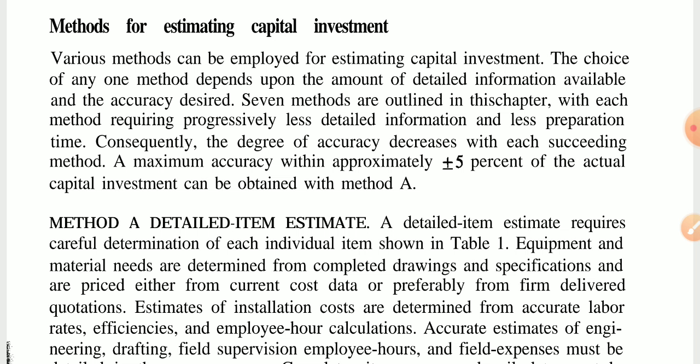The various methods can be employed for estimating capital investment. The choice of any one method depends upon the amount of detailed information available and the accuracy desired. Several methods are outlined in this chapter, with each method requiring progressively less detailed information and less preparation time.